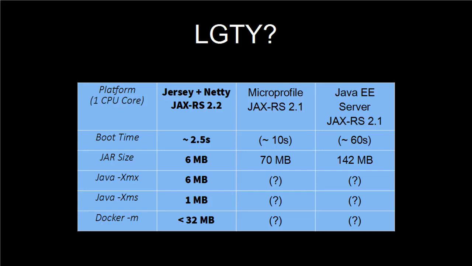So on this limited device, you can run it with a 6 megabyte jar. Let's look at the right side. We have a Java EE server with JAX-RS 2.1, which comes with 142 megabytes plus your application. So this is the difference you get from running it on Java SE. And look in the first row.